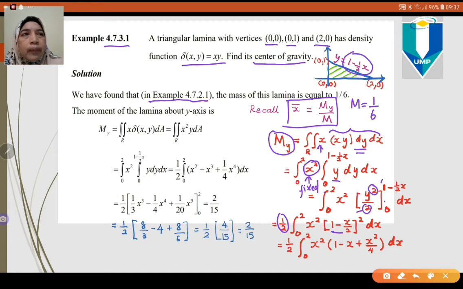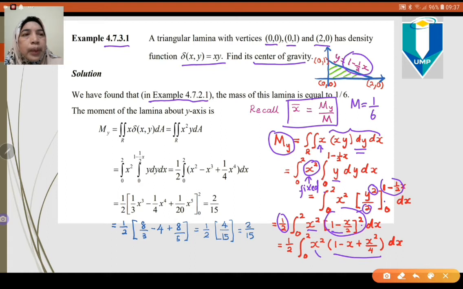When we put 0 here, we get 0 for y. So we end up getting x squared times (1 minus x/2) squared. We expand this value here to give this value.